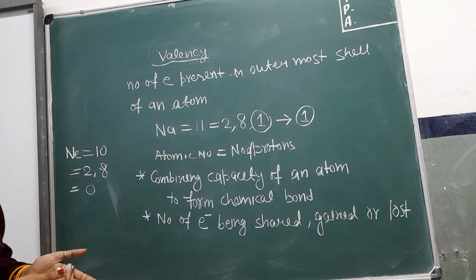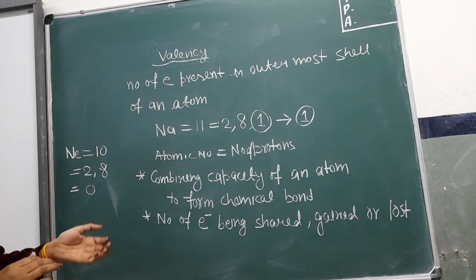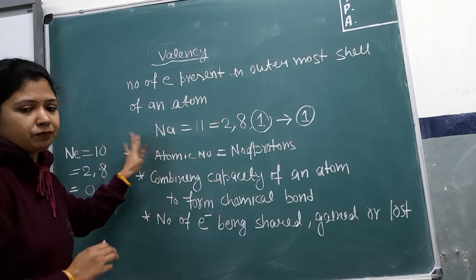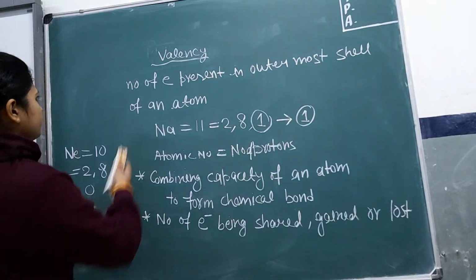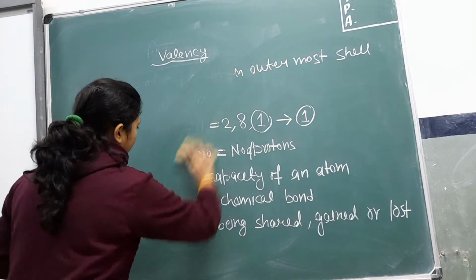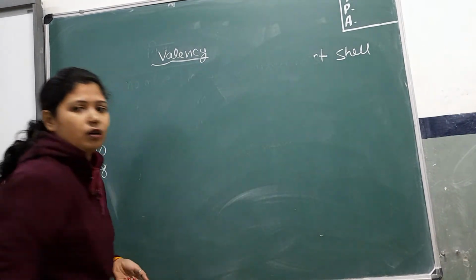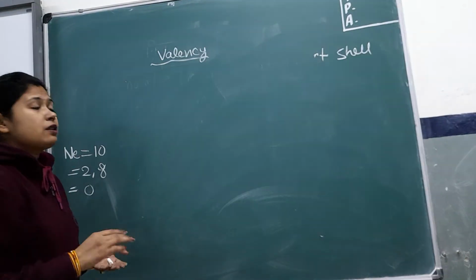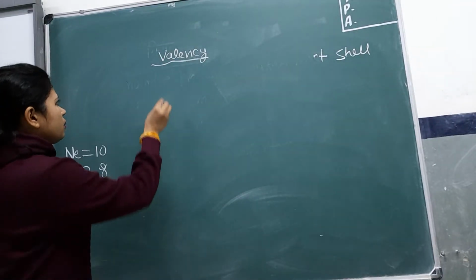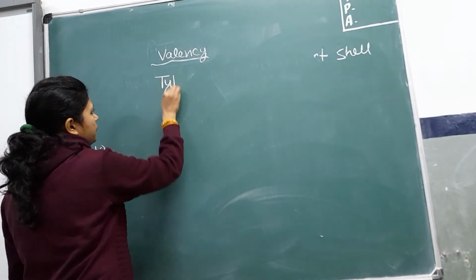Now we'll see the types of valency. I hope this is clear. Now, as we have discussed valency, we'll talk about the types of valency.